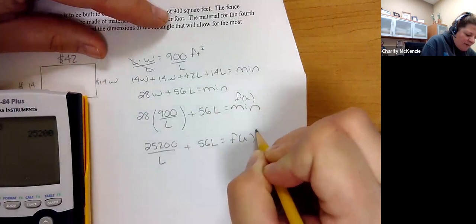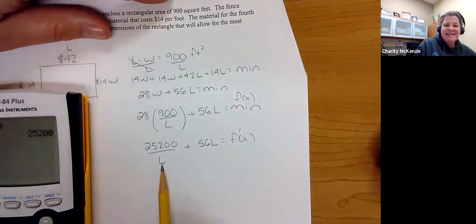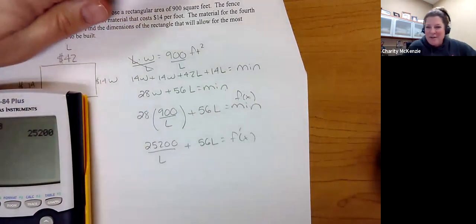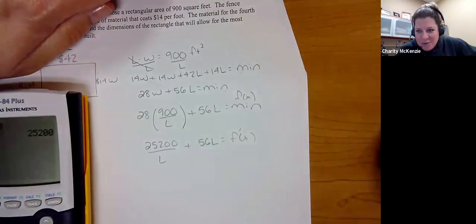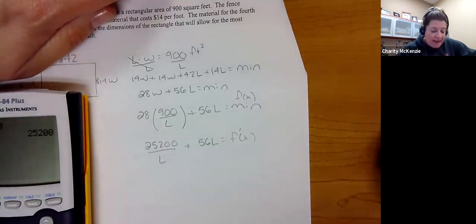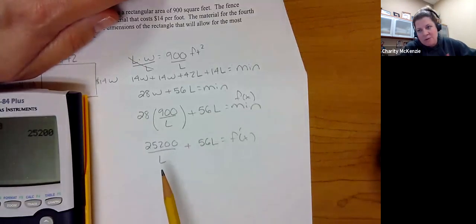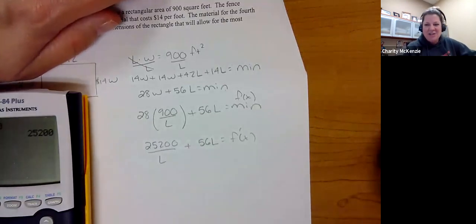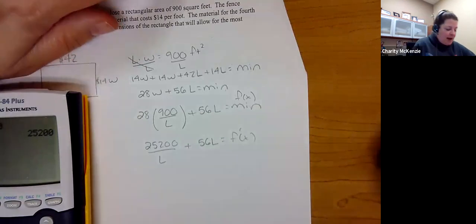Now let's take the derivative of this. The easiest thing was to bring this L up because it's not under everything. I don't have to use the quotient rule, but you could, because the derivative of a number is 0. You just have some zeros in there that makes it work out. But I like the way it is written like this.